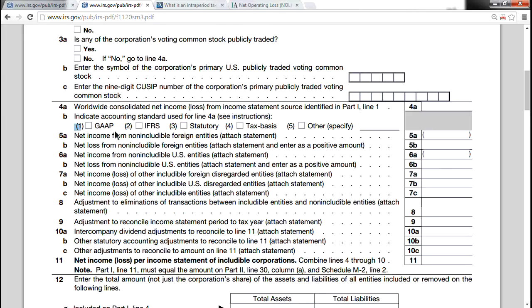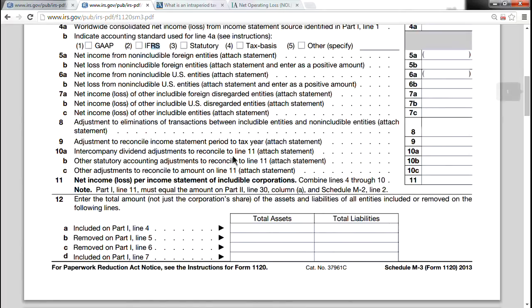We have GAAP, of course, generally accepted accounting principles, and then we have International Financial Reporting Standards, the IFRS. This wasn't here a couple of years ago. Now we can clearly see the transition that the world is making, trying to get us acclimated into one system of accounting through IFRS. And we have tax basis and statutory, which were there before.